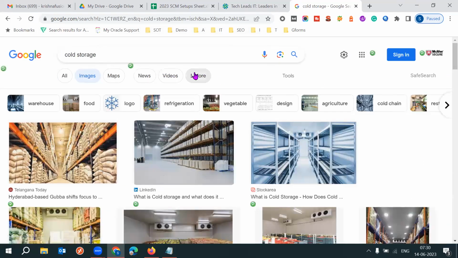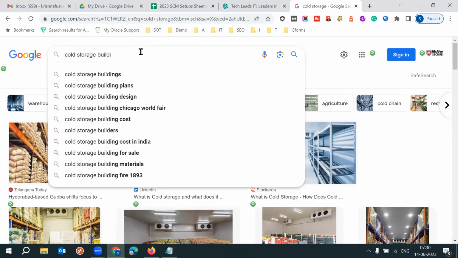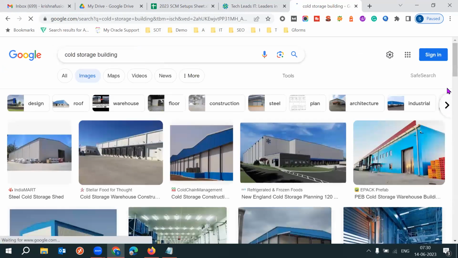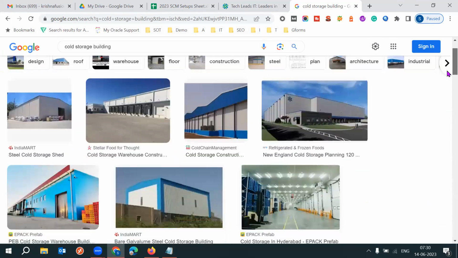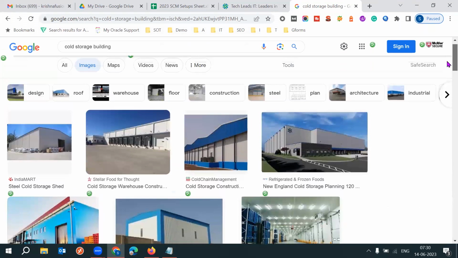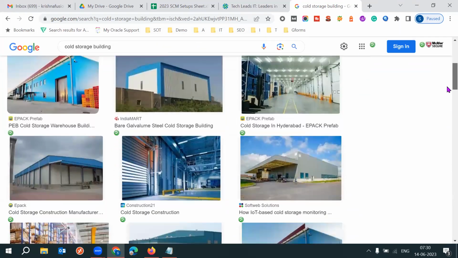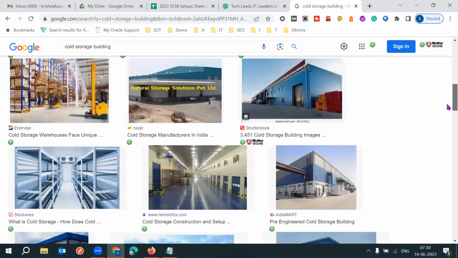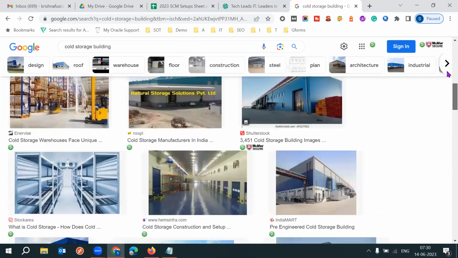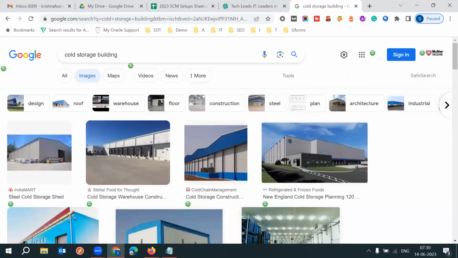You know the cold storage building, right? Yes. See, this much big is the warehouse. How are you able to identify a product is stored in a particular location? It's because of the locators.